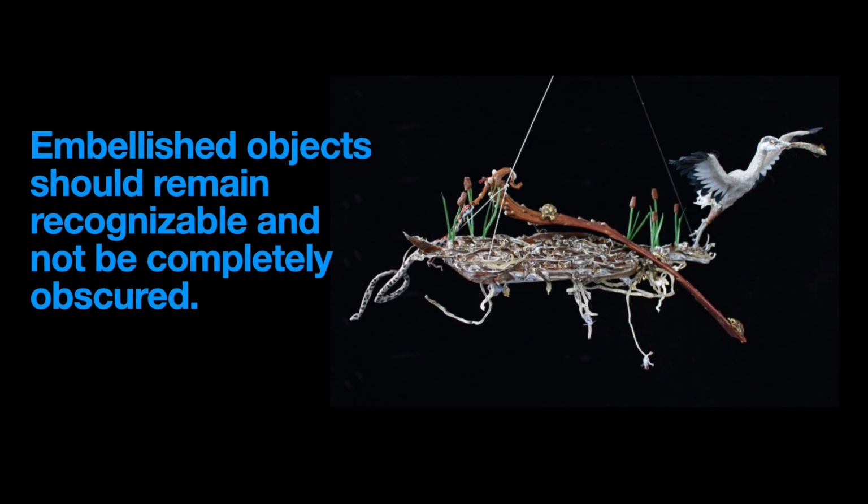Embellished objects should remain recognizable and not be completely obscured. We are trying to get to the point where judges can see, for instance, this beautiful design. Everybody loved this design, but it was to be a canoe that was embellished, and you can't see the canoe anymore. And so judges are trying to see the original piece underneath the plant material.